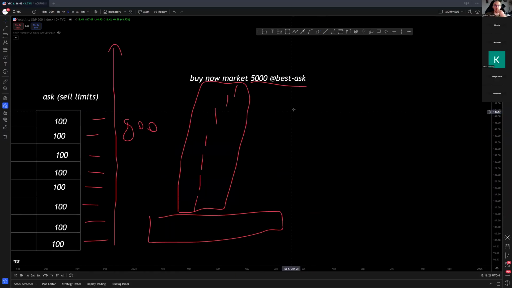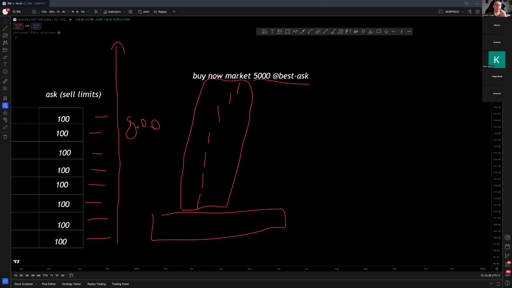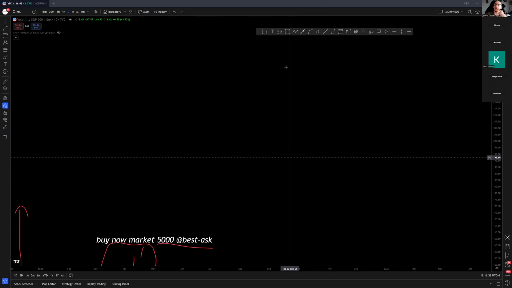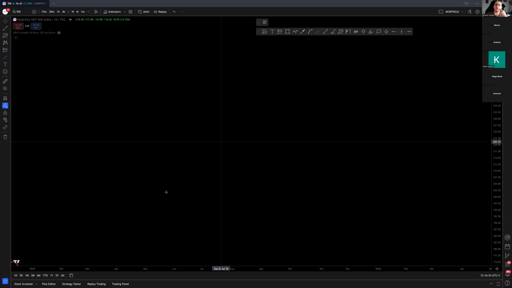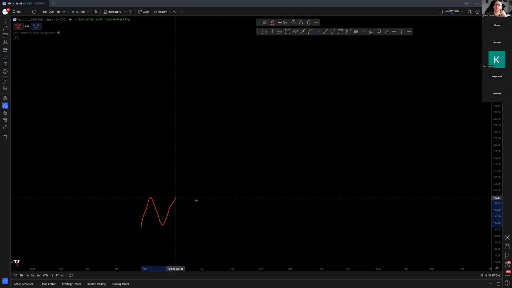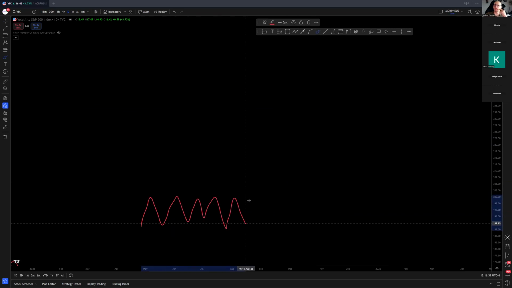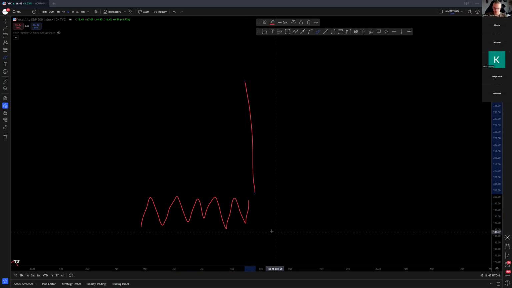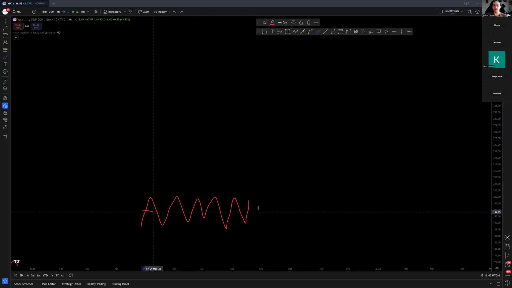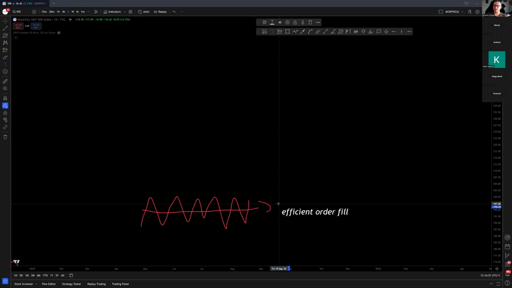So you clearly start to understand, when you understand how a basic thing like order filling works, that when a market goes sideways and is not moving particularly fast, this means efficient order filling for big market participants.